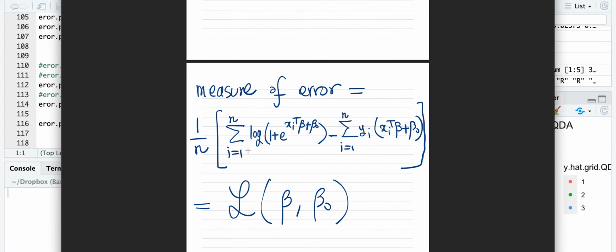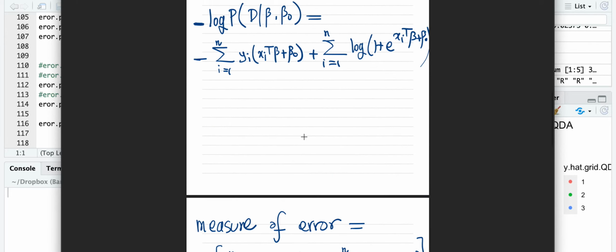So the measure of error here is 1 over n times the negative log likelihood. This is the negative log likelihood.